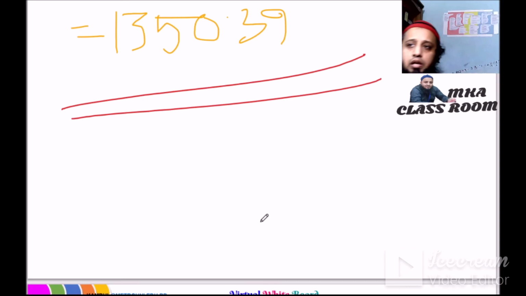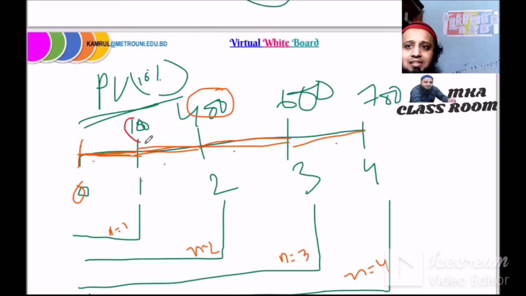Again we have to remember that if it is an annuity due, then the first payment should be here, and the 100 carries the value of 0. Remember this. If the problem says the installment is at the first date, then this 100 should be here and the value of n should be 0.